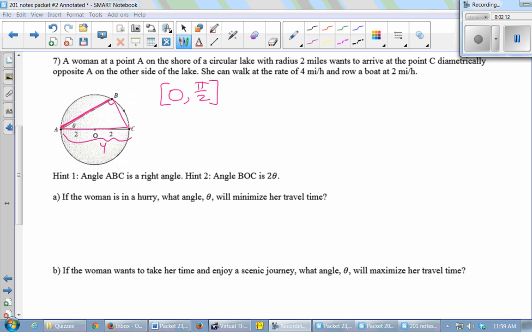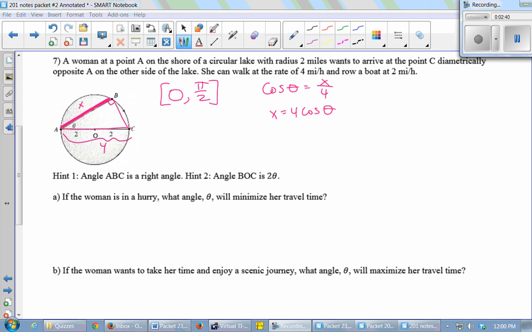So this side is the hypotenuse, and it has a length of 4. And this side is the side adjacent to theta. Let's call it x. So the cosine of theta is going to be x over 4, adjacent over hypotenuse. And that means that x is 4 cosine theta. So the distance that she's going to be rowing is 4 cosine theta.